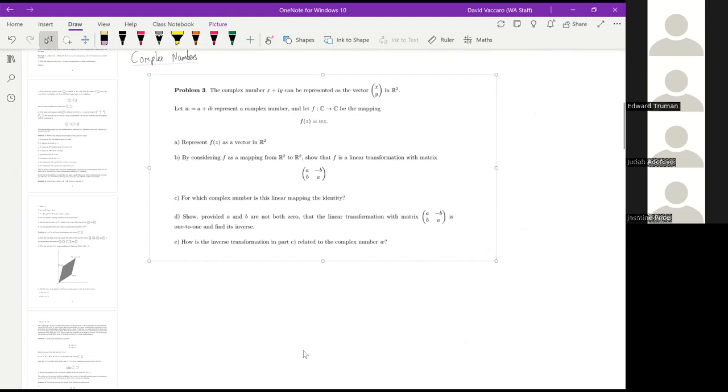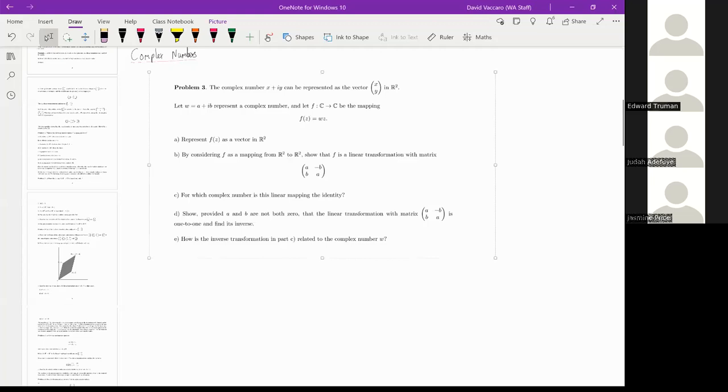We're going to relate something which is familiar, multiplication by complex numbers, and find an alternative way of representing it. The alternative way we're going to represent multiplication by complex numbers is as a matrix.